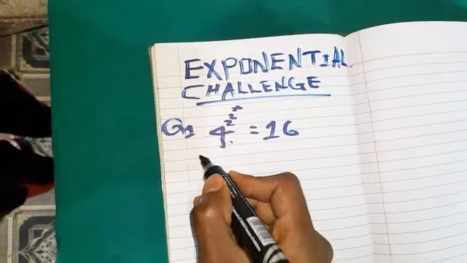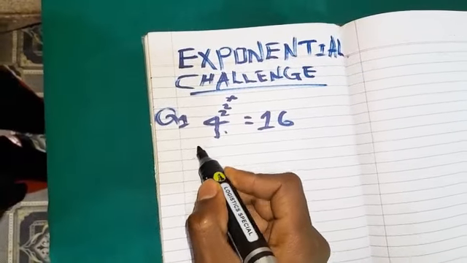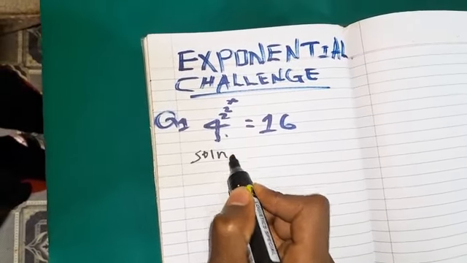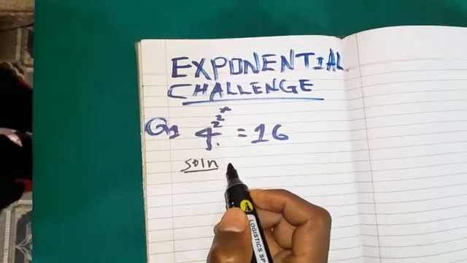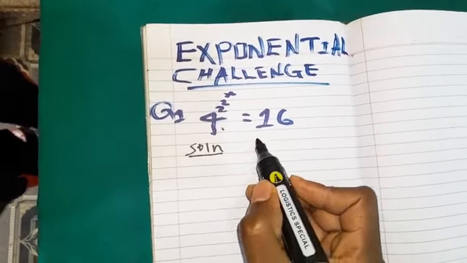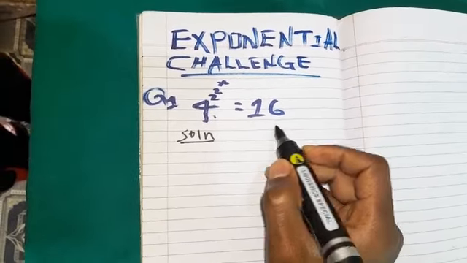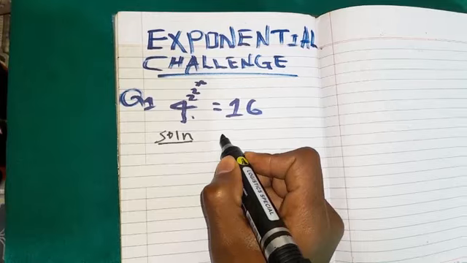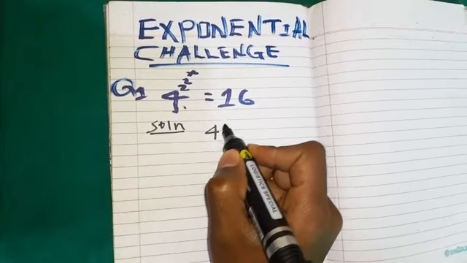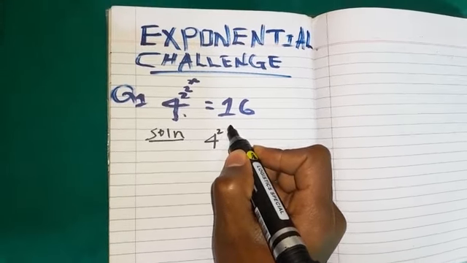Solution. This is a base of 4, so we do it like this. 4 to the power of 2, to the power of x, is equal to 16, which means 4 to the power of 2.